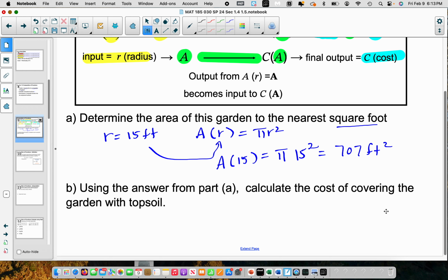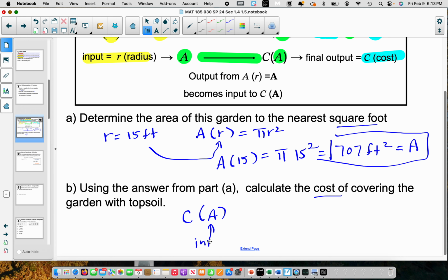Then it says to use the answer from part A to calculate the cost of covering the garden with topsoil. So cost is a function of area, meaning I input area and I get an output of cost.